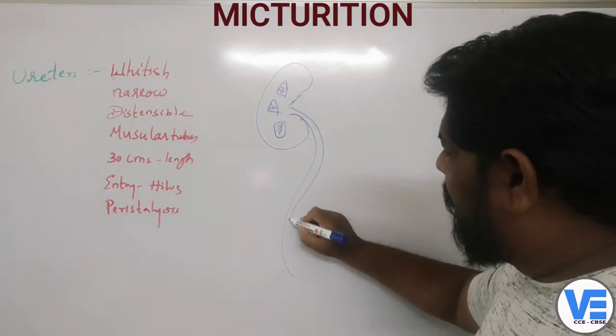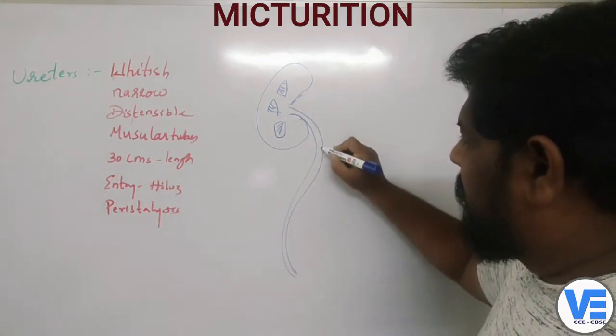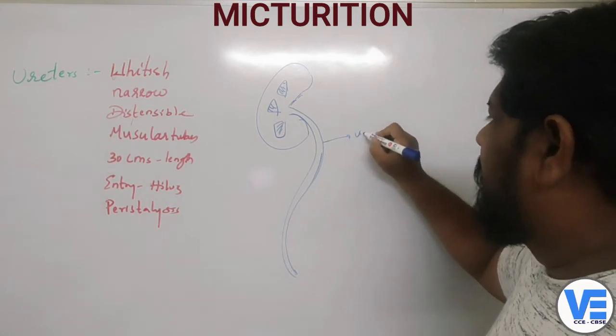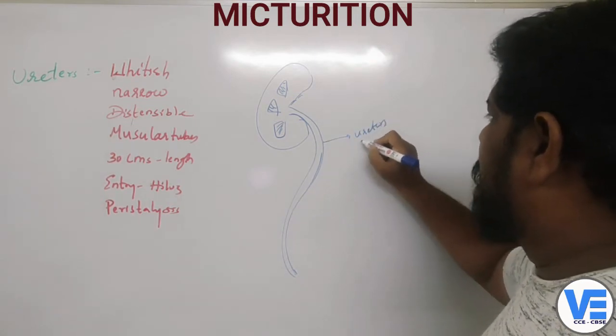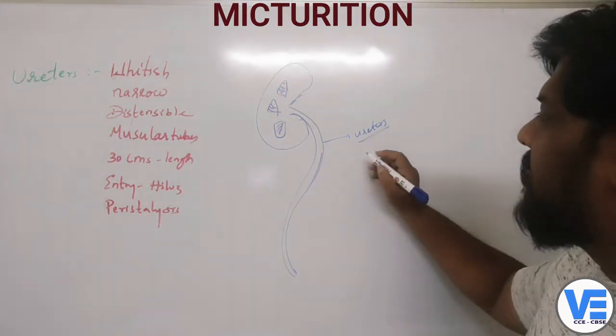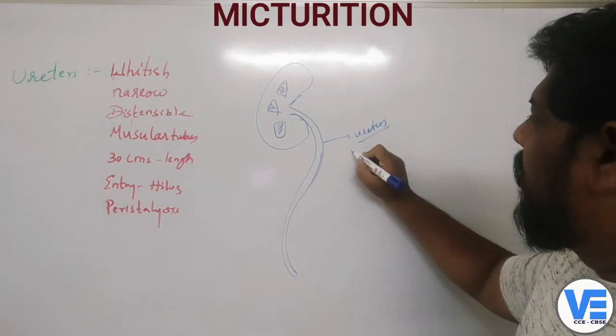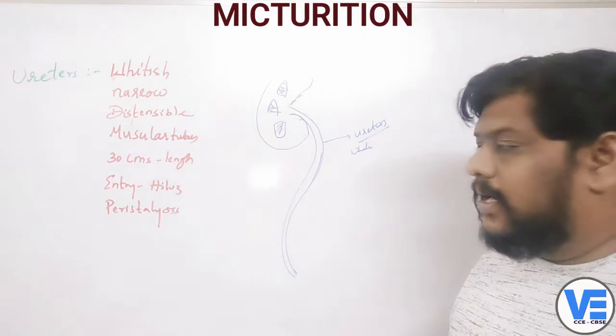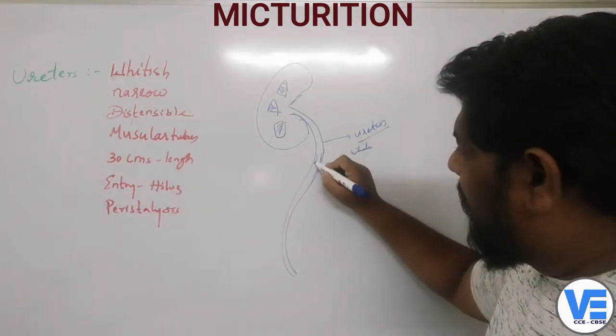we'll try to see a few points about these structures, which are long structures, and these are called the ureters. These are white in color, so whitish in color, and moreover they are narrow tubes.